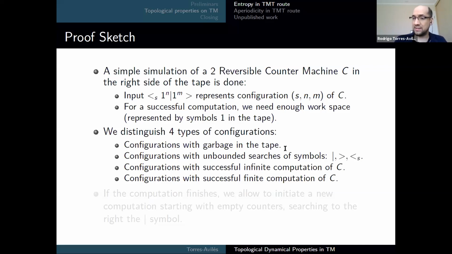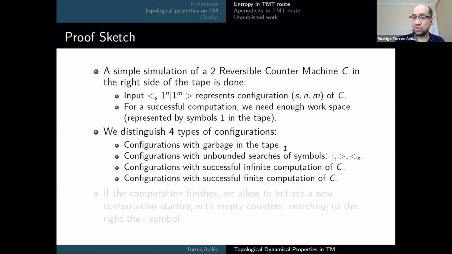The first one is that we don't have enough ones in the tape to move the borders of the configuration. We don't find the borders of the configuration, and we're trying to find them by searching through ones to the left or right. We have a correct configuration and enough space to work.